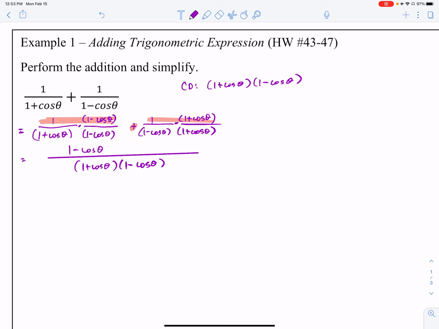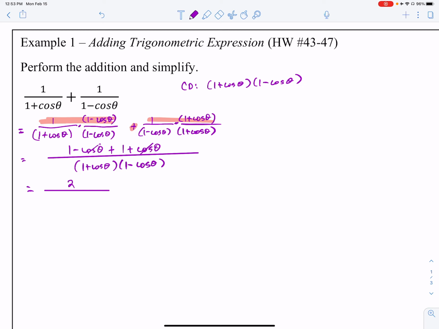So I'm going to have plus 1 plus cosine theta. And then I have some like terms that I can add up. And the cosine theta plus and minus are going to cancel, and 1 plus 1 is 2. And in the denominator, I have this product of 1 plus cosine theta times 1 minus cosine theta.